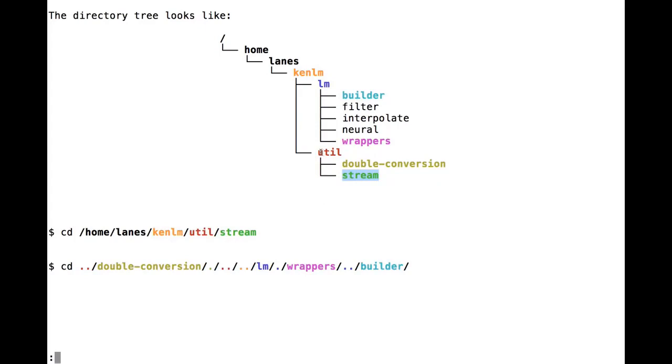In our case, the parent is the util directory, which is also drawn in red here in the tree. Double conversion is a subdirectory of util. Thus, given that stream is the current working directory, ../double_conversion refers to the subdirectory colored in gold in the tree.